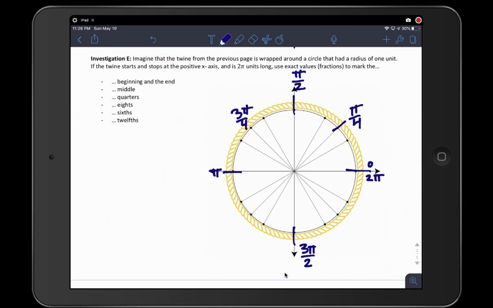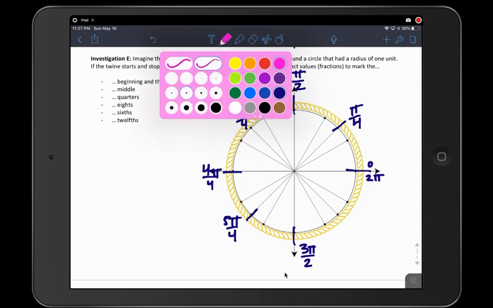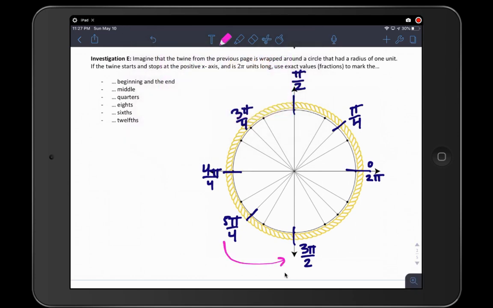And then we have 4 pi over 4, or 1 pi right there. The reason why I wrote that down is because it can be helpful to write it down. And then we know the next thing is 5 pi over 4. And then I'm not going to write it down for this one, but one more would be 6 pi over 4, which reduces to 3 over 2.